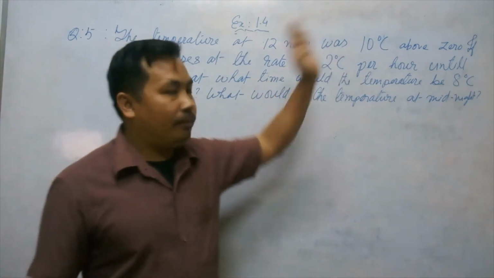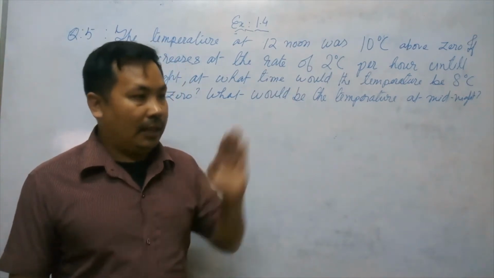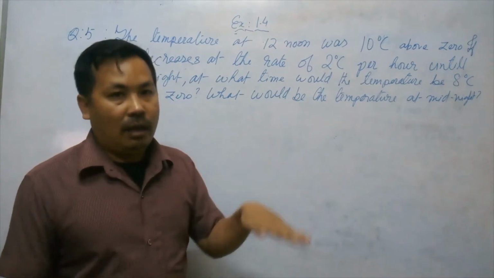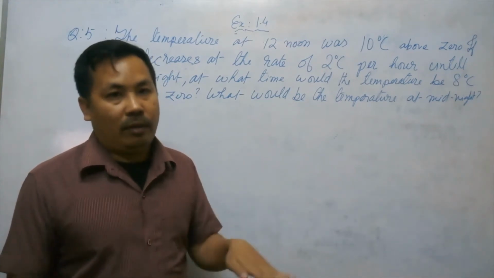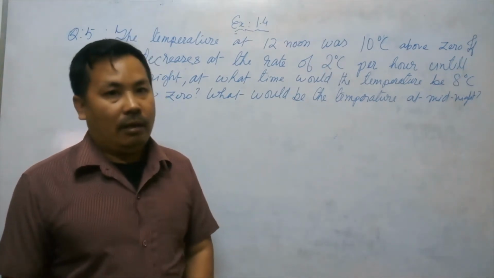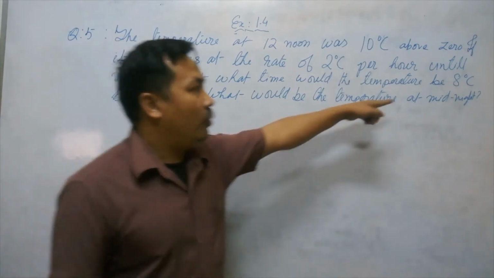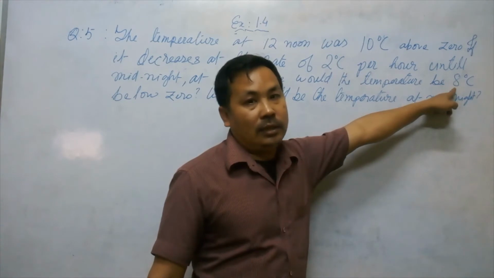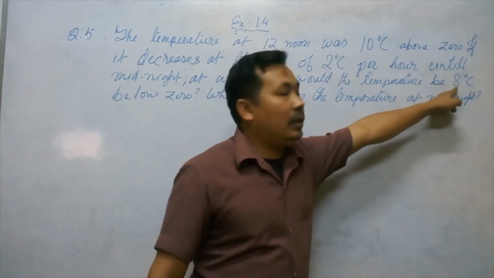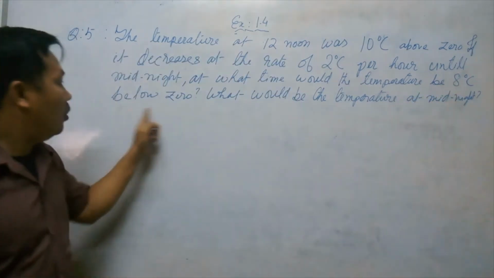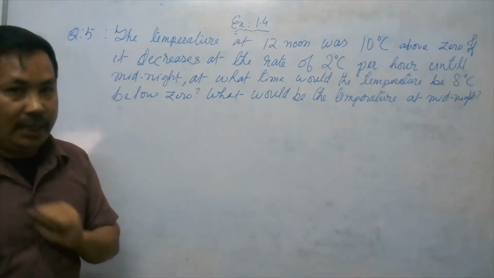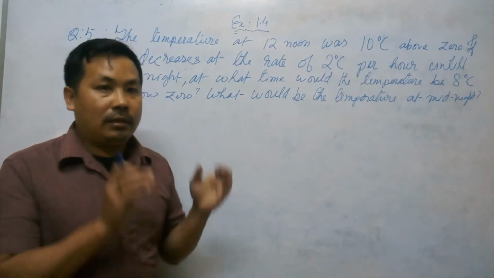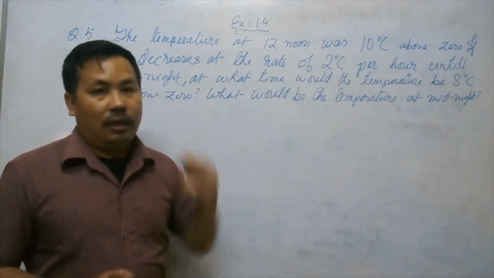At noon, it is plus 10 degrees Celsius, and every hour the temperature is decreasing by 2 degrees Celsius. At a certain time, we will get the temperature of minus 8 degrees Celsius, because 8 degrees Celsius below 0 means minus 8. So first of all, we have to find the difference between the temperature at noon and the given temperature.